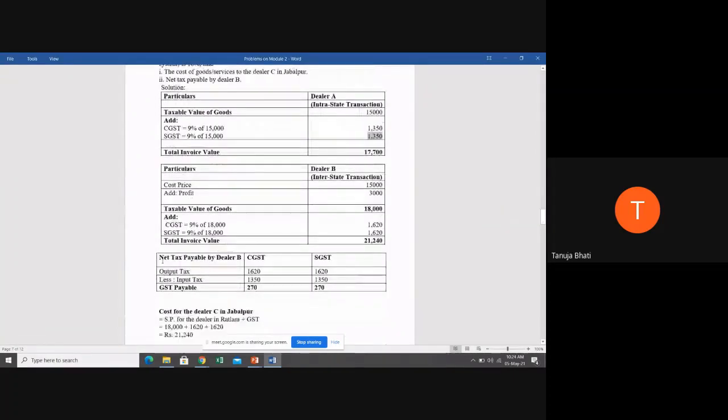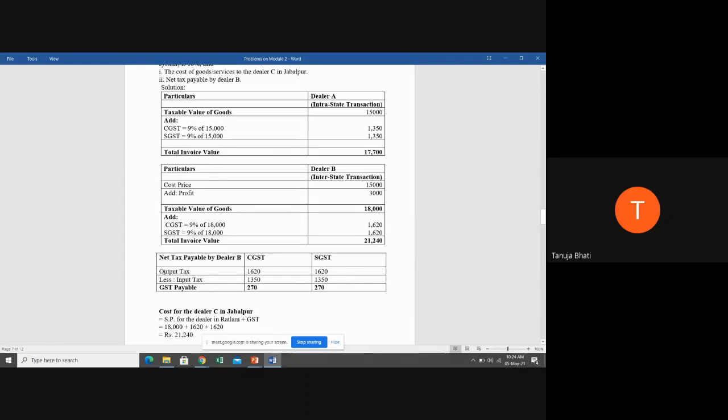Therefore, let us see what is the net tax payable by dealer B. So under the head CGST, under the head SGST. Students, we cannot club both, because we know that the tax amount goes separately to the state government, separately to the central government. So never club both. Write the components of GST separately and what are the taxes payable separately under each head.